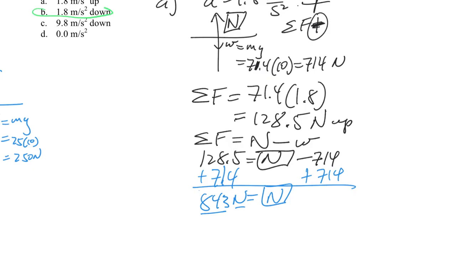So let's do part B now. So it's the same numbers. So let's see how it's different. So a is negative 1.8 meters per second squared, or 1.8 meters per second squared down. Okay, so F net is also negative.